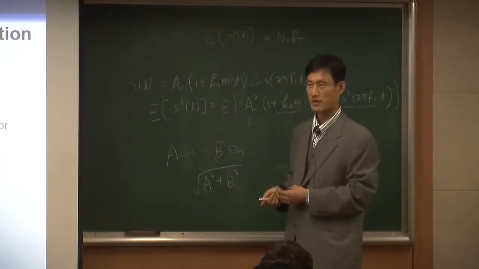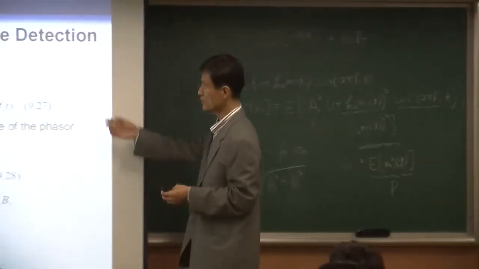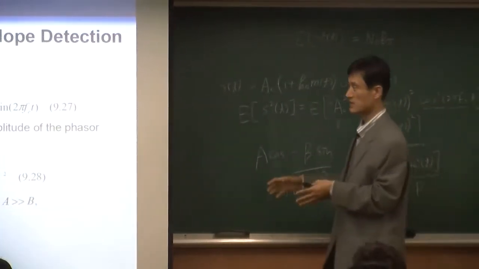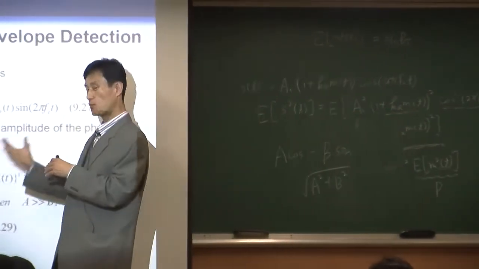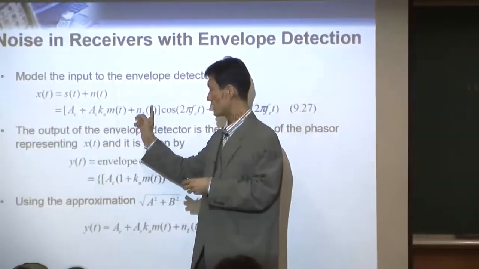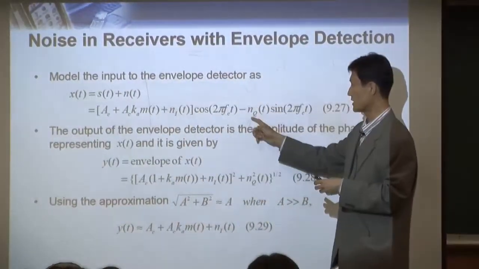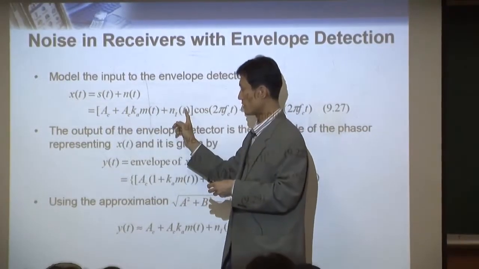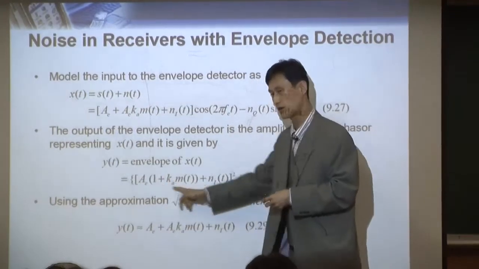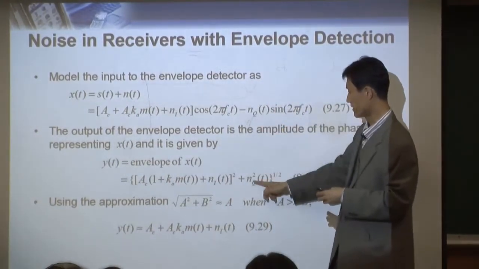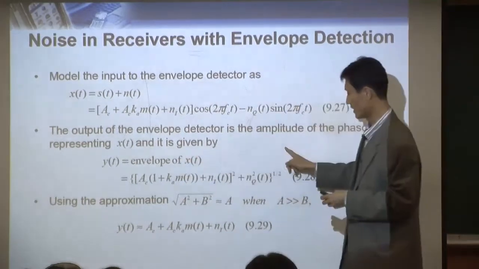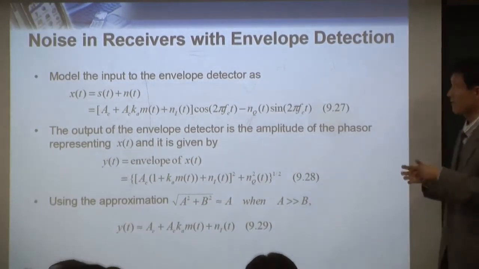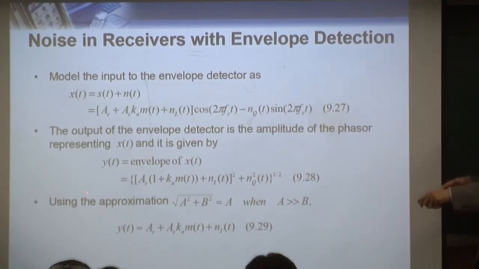That's our envelope, and this calculation is what the envelope detector does. So this is A, and that is B. Inside the envelope detector, we square this whole term, plus this square, and take the square root of the whole thing. That's what's happening inside the envelope detector.